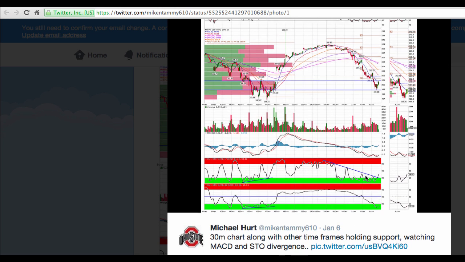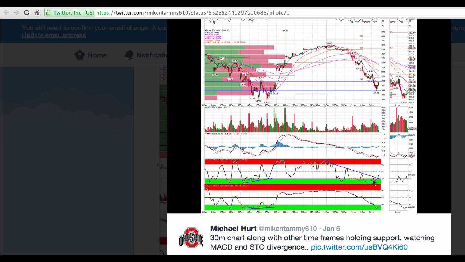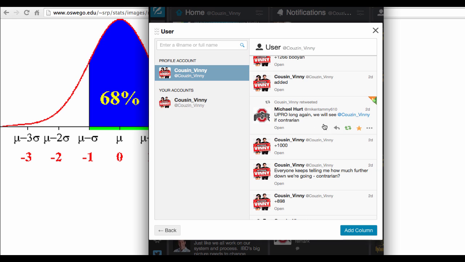You can see stow triggered here on the 14.1, and here he has the 144 down at the bottom getting ready to trigger as well. But he took this trade on UPRO, which you can see right here. He went long on UPRO using the SPY intraday charts that we were using as well.